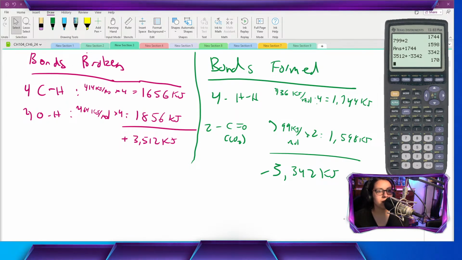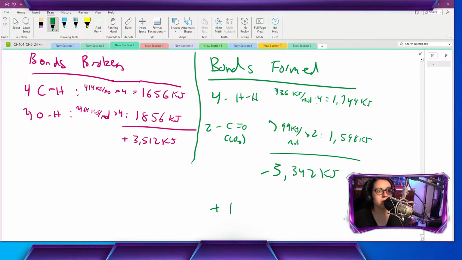And so now we get a positive number, so positive 170 kilojoules. So energy had to go in, overall endothermic process, and would feel cold to us. Questions about that? Feeling okay?